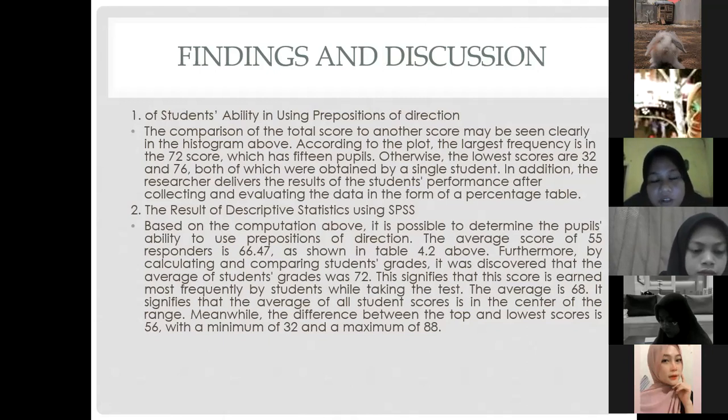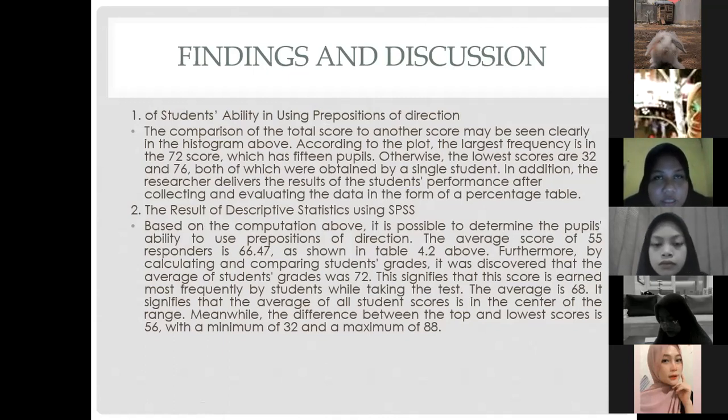Based on the table above, it is possible to determine the students' ability to use the prepositions of direction. The average score of 55 respondents is 66.47 as shown in the table 4.2 above. Furthermore, by calculating and comparing students' grades, it was discovered that the mode of students' grades was 72.